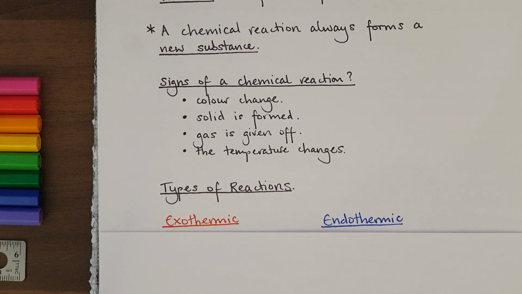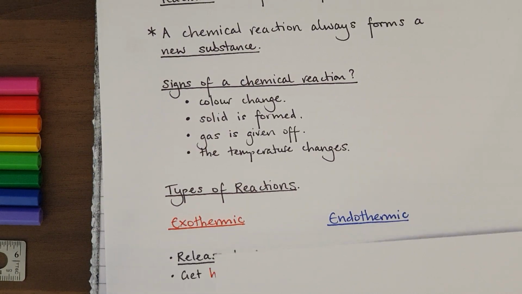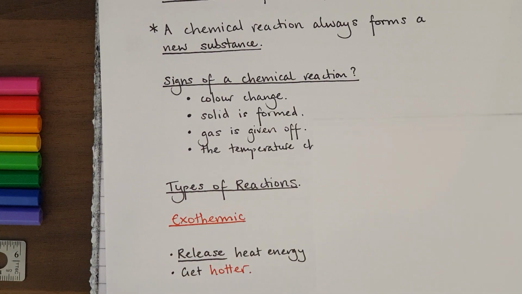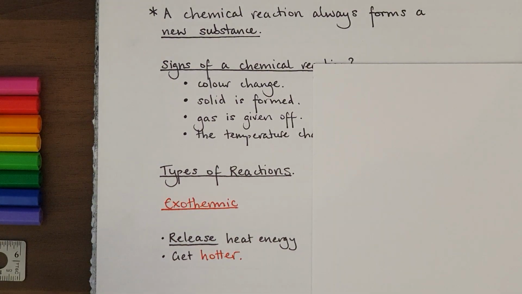So what does that mean? Well, an exothermic, which sounds a little bit like explosion, which might be a way you can remember this, is a reaction that will release heat energy, and as a result of releasing that energy to the surroundings, to the environment, it will get hotter.